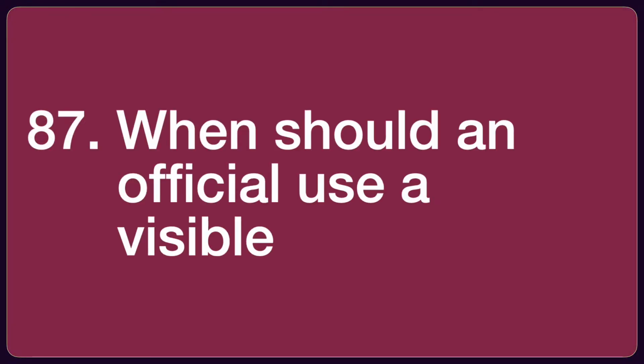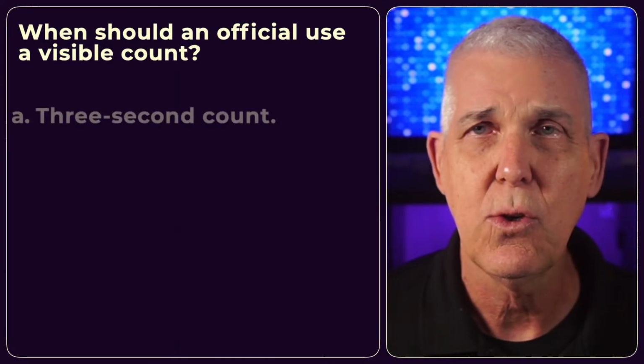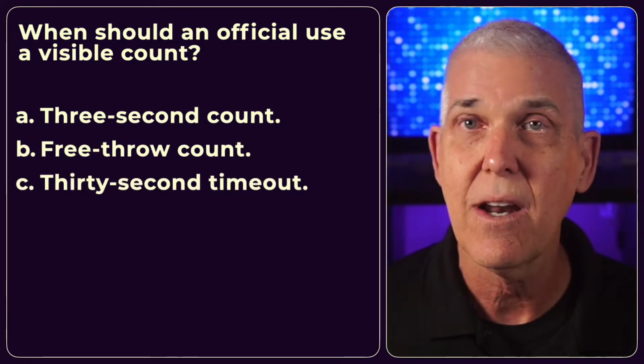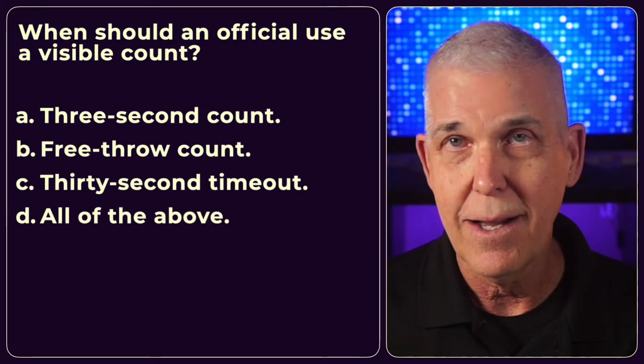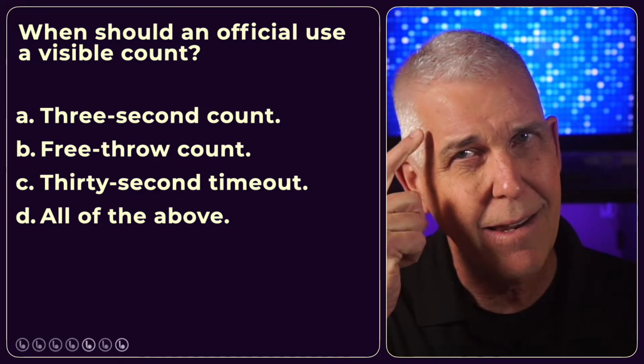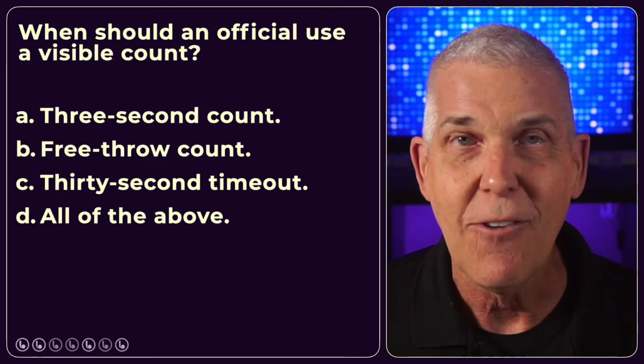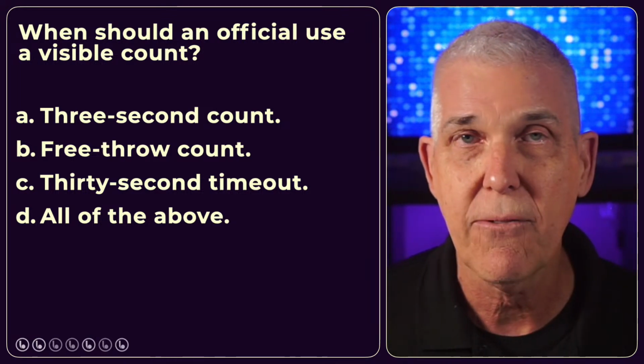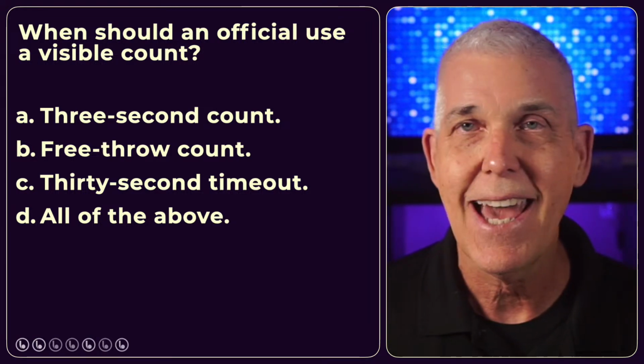Moving on. When should an official use a visible count? The 3-second count? No, I think we're instructed on a 3-second count to count in our head. A free throw count? Yes, we are instructed to have a visible count during a free throw. The 10-second count?